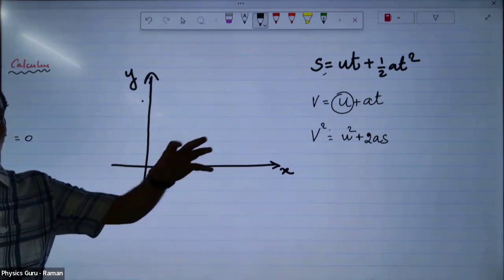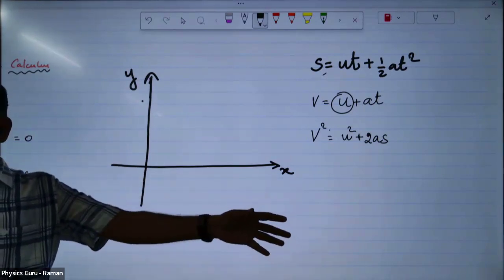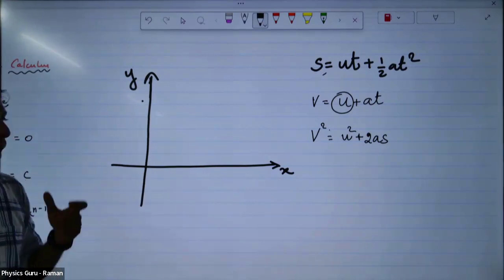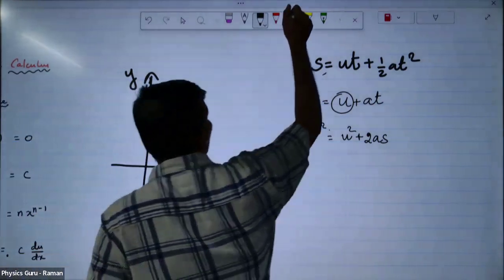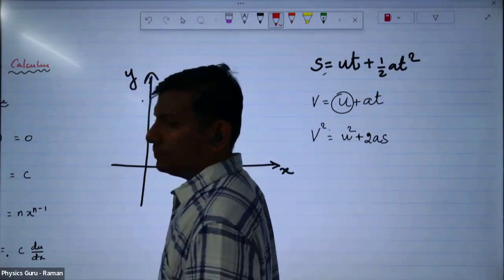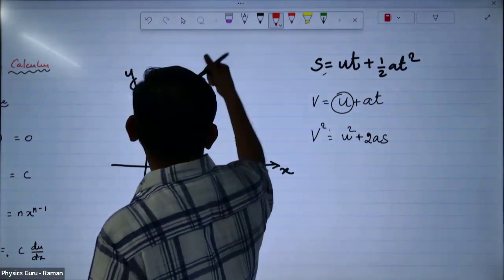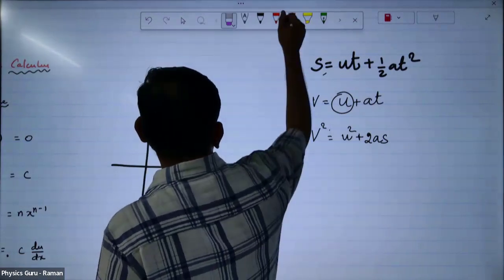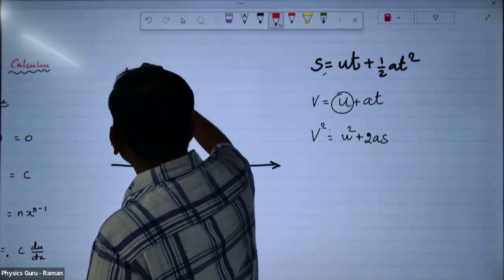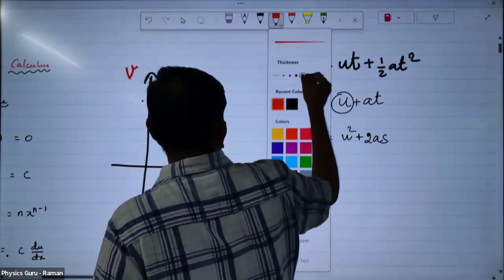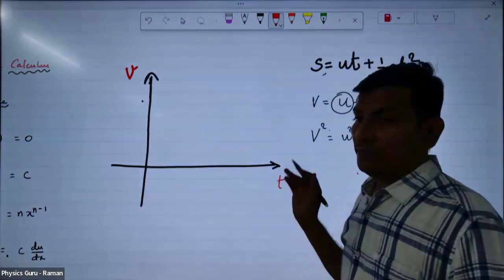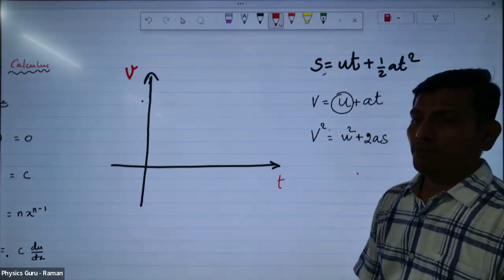That is the most important observation. When I start to observe the entire motion, the initial velocity is some value. That means I cannot start my graph from zero. Suppose this graph is a velocity versus time graph. On the x-axis I have time and on the y-axis I have velocity.